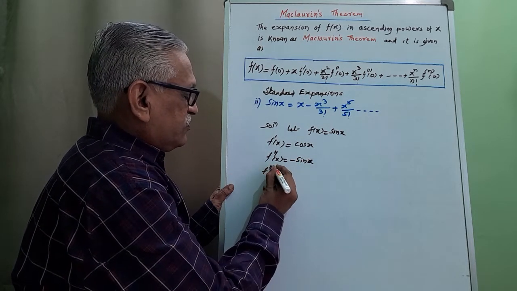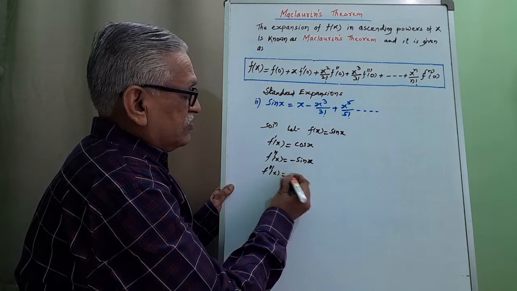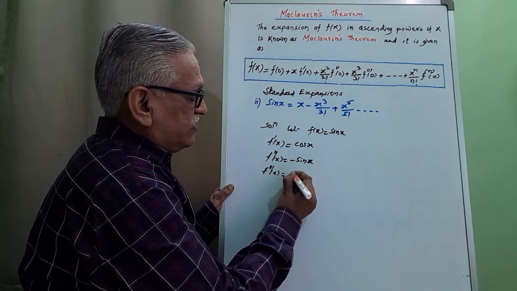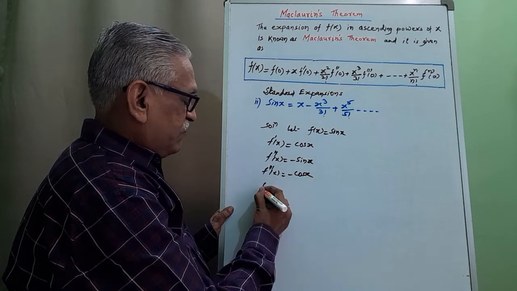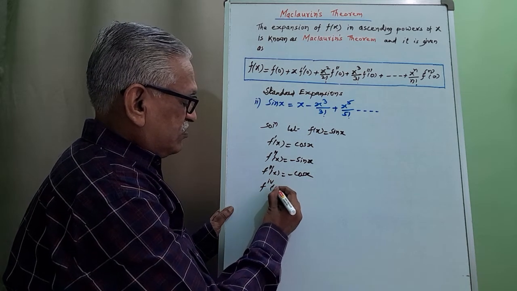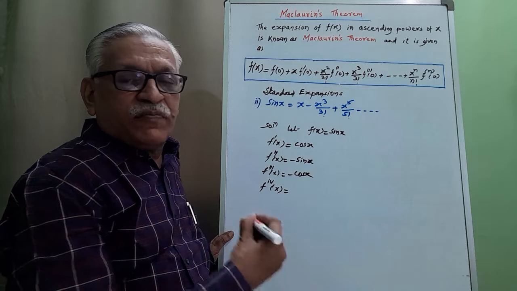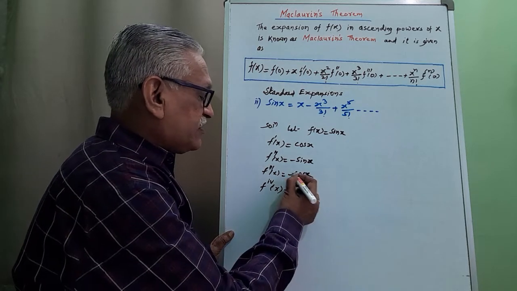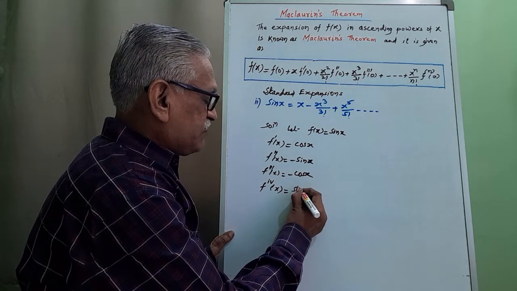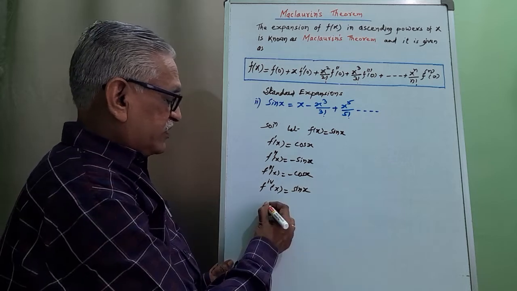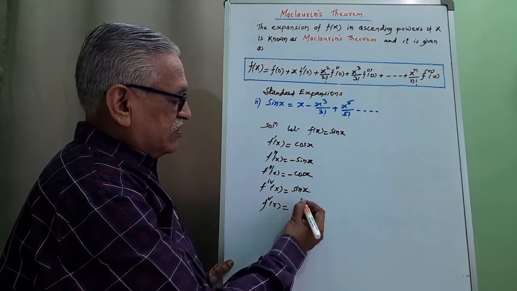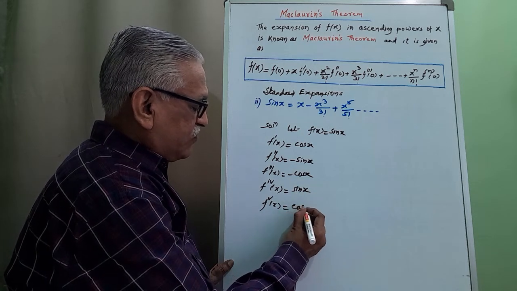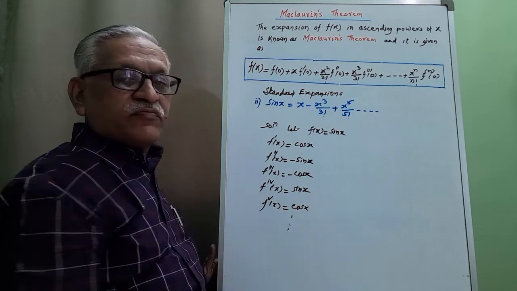Third derivative of sine is cos with this minus sign, therefore it becomes minus cos. Fourth, differentiation of minus cos of x is minus and this minus, it becomes sine of x. Fifth derivative, derivative of sine is again cos of x, and so on.